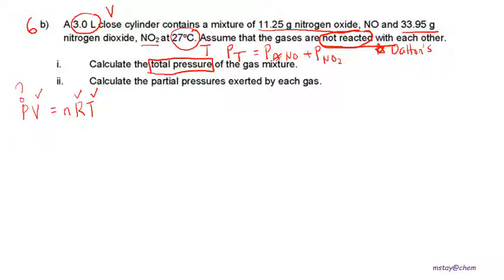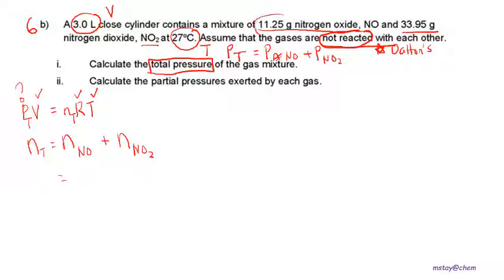So we need to determine the total number of moles of the gas before we can calculate the total pressure. Because this is the total pressure, over here we will need to find the total number of moles. The total number of moles in this case is the number of moles of nitrogen oxide plus the number of moles of nitrogen dioxide.